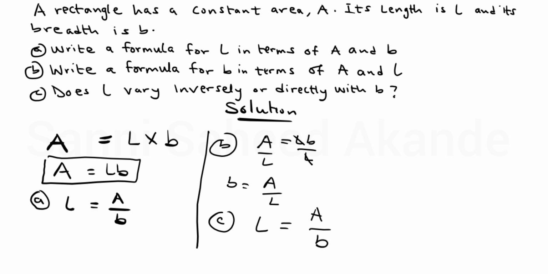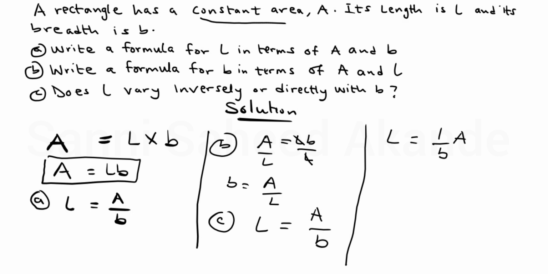But it can also be written as L equal to 1 over B times A. Okay, already they told us that A is a constant from this question. They said the area is a constant. And you can see we are having L equal to 1 over B. And I told you that when you have 1 over something, it means that is what we call inverse.